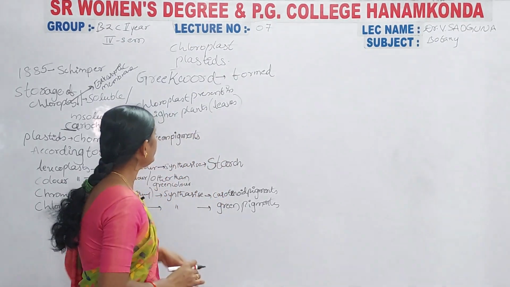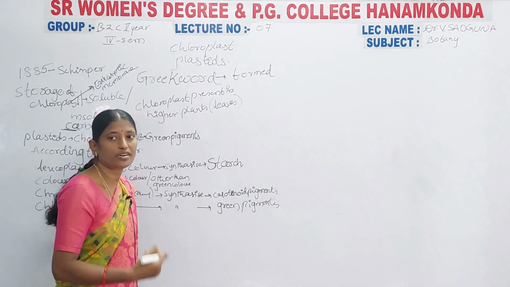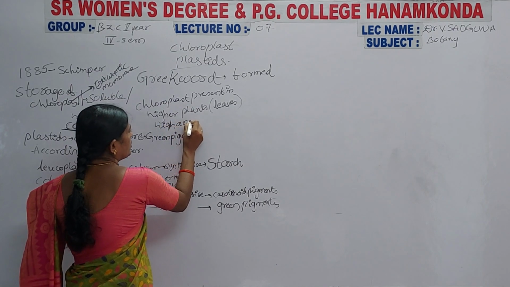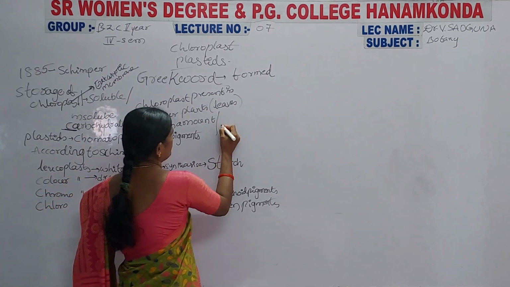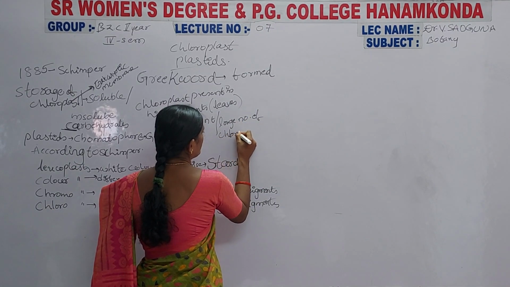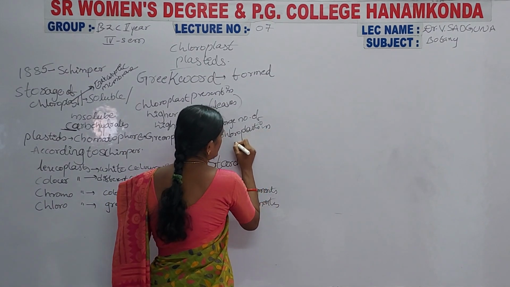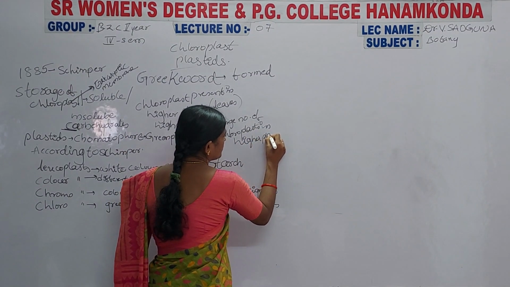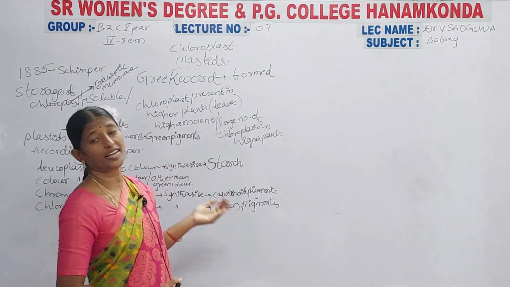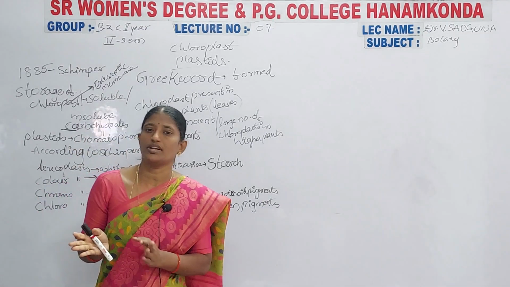Then in higher plants there is a large number of chloroplasts, a high amount of chlorophylls. There are different types of plants with different types of chlorophyll pigments, because all plants are not the same in color, whether in leaves or stems.